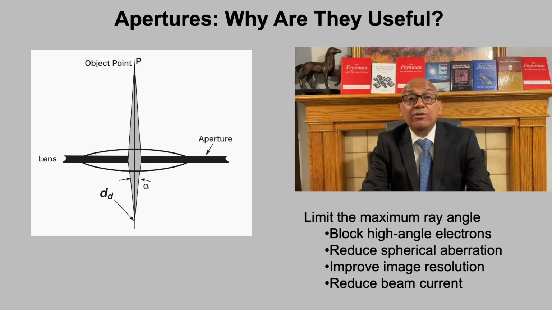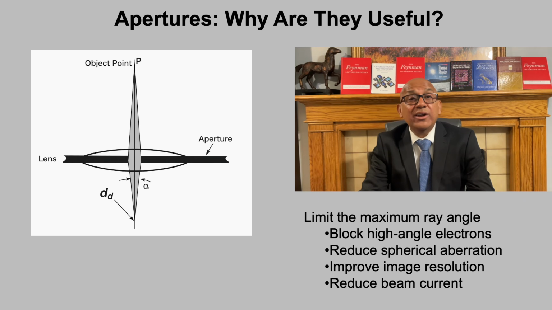By blocking electrons that travel at large angles, the aperture removes the rays that contribute most strongly to spherical aberration. As a result, the beam reaching the specimen has a narrower angular spread, leading to a smaller aberration disk and improved spatial resolution.